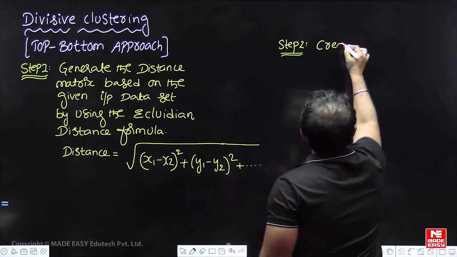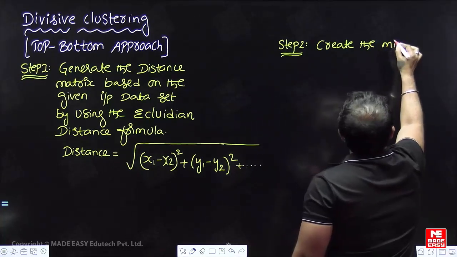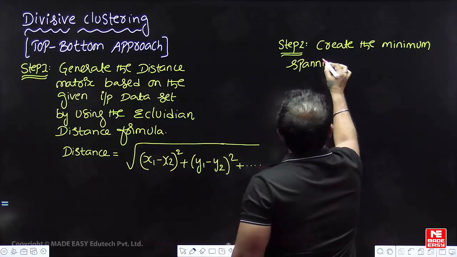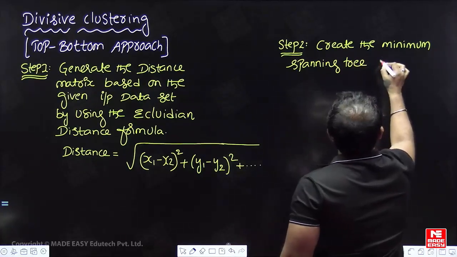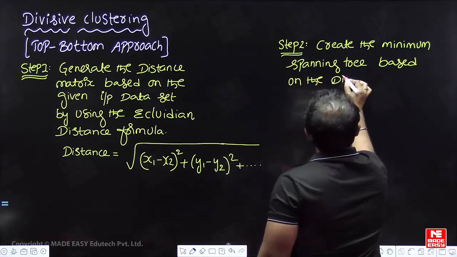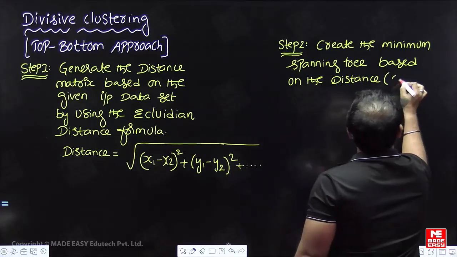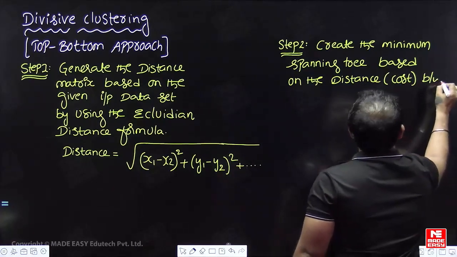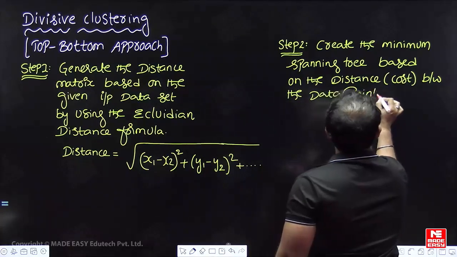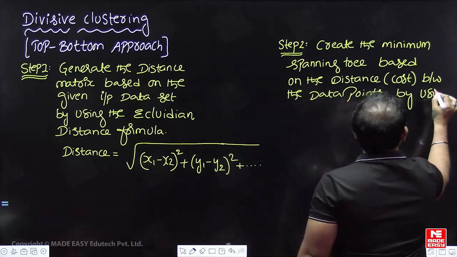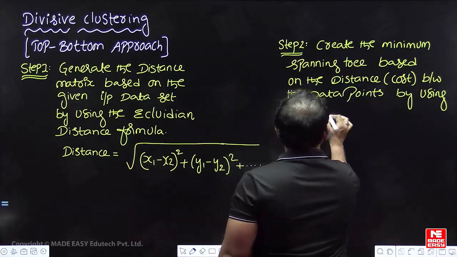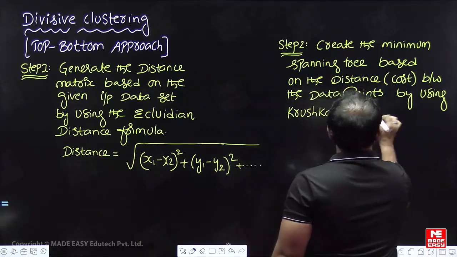Create the minimum spanning tree based on the distance, in brackets cost, between the data points by using Kruskal's or Prim's algorithm.